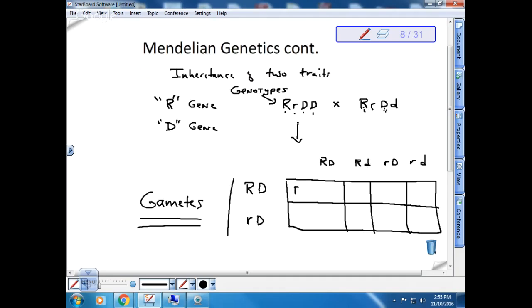So the genotype of the offspring would be this. And I always put the dominant one first because then it is easier to read too. Let's see, big R, big D, big R, big D, little d.